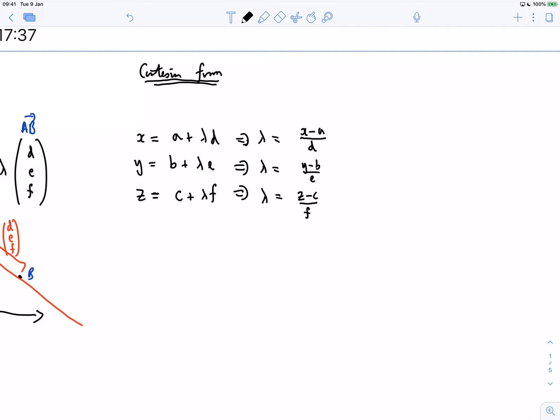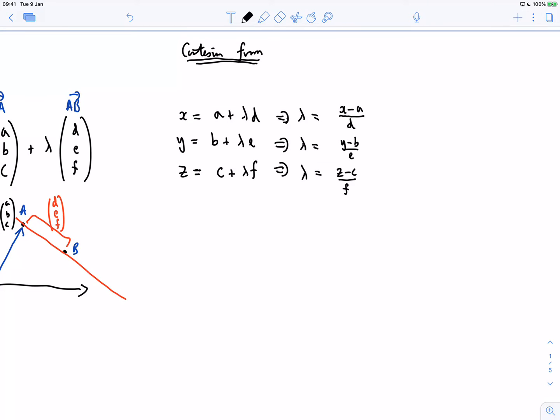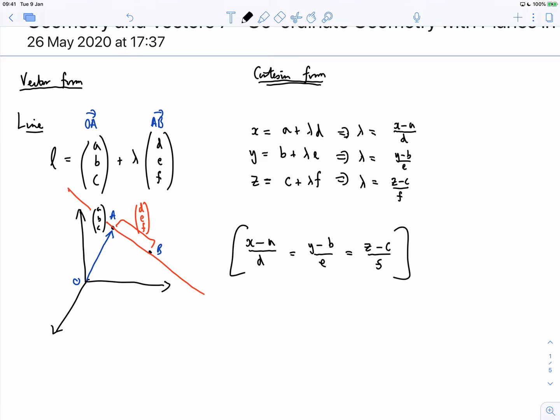Now that I've got all the lambdas equal to each other, I can write x minus a over d equals y minus b over e, and that also equals z minus c over f. So this would be the Cartesian equation of the line L.